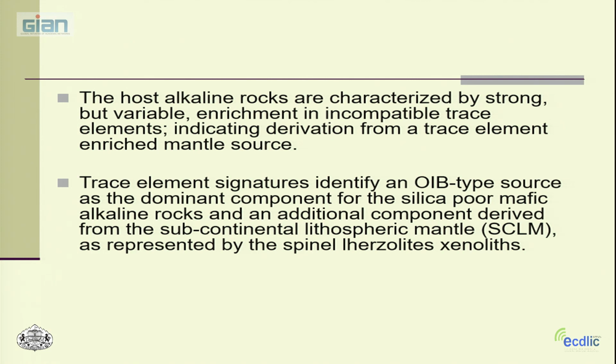So the host alkaline rocks are characterized by strong but variable enrichment in incompatible trace elements, indicating derivation from a trace element enriched mantle source. Trace element signatures identify an OIB type source as the dominant component for the silica poor mafic alkaline rocks, and an additional component derived from the subcontinental lithospheric mantle, SCLM, as represented by the spinel lherzolite xenoliths.